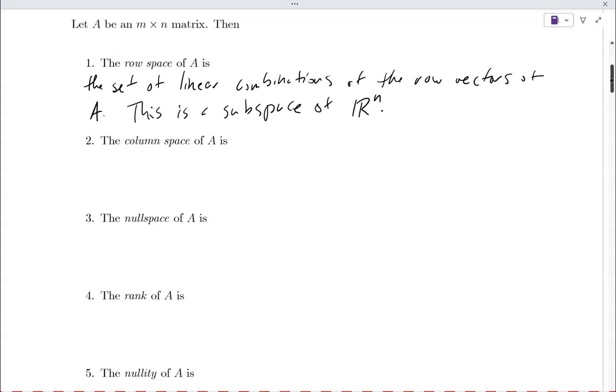What do you think we're going to do for column space? It's a set of linear combinations. It's the span of the column vectors, or the set of linear combinations of the column vectors.